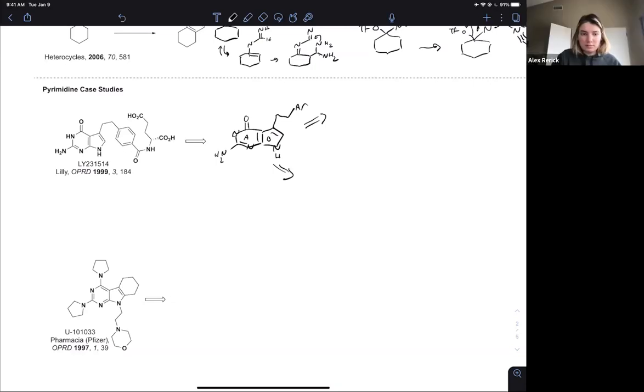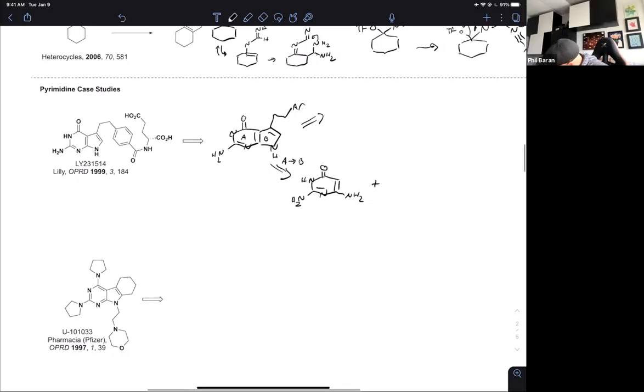Building off A seems pretty reasonable if you leave behind like an amine. And then for our other component, you can imagine maybe just using a standard Bischler type reaction. Something like that, right?